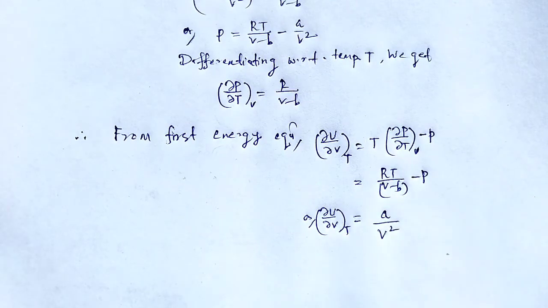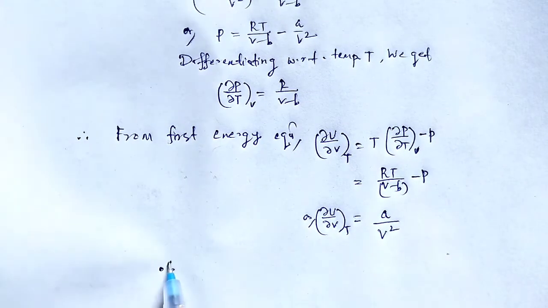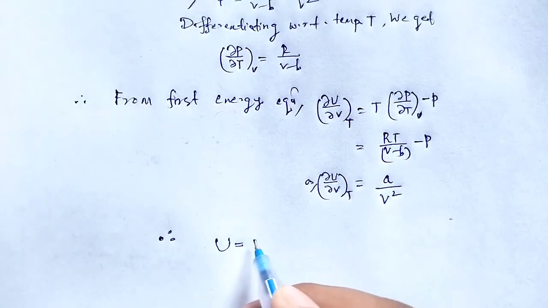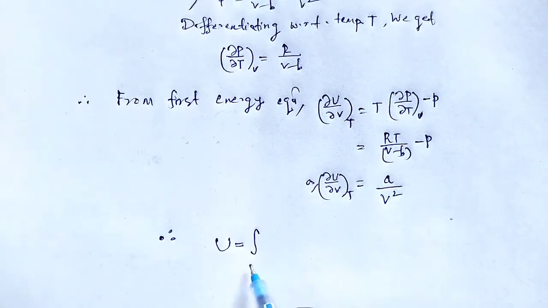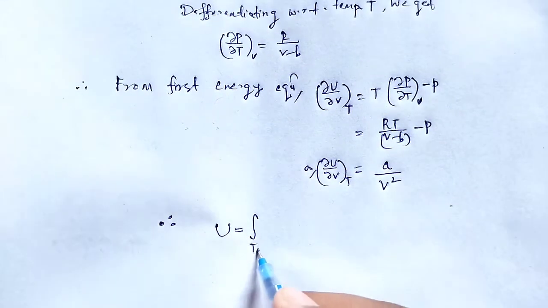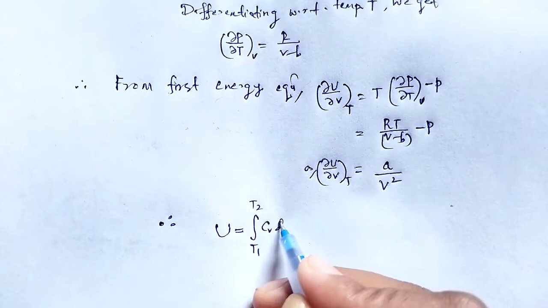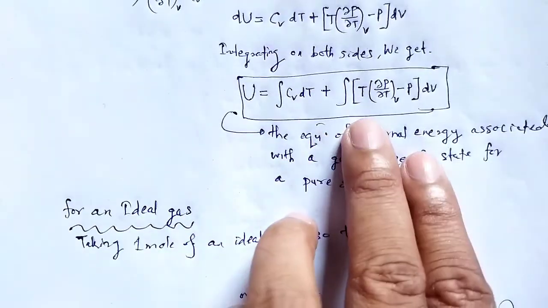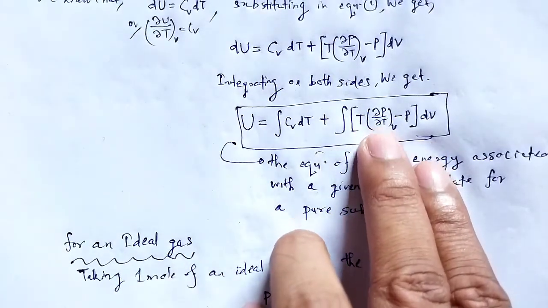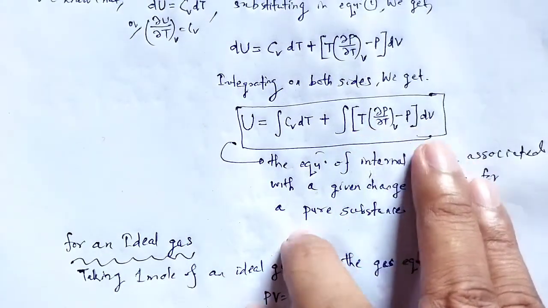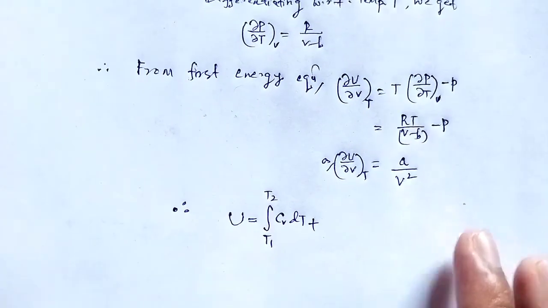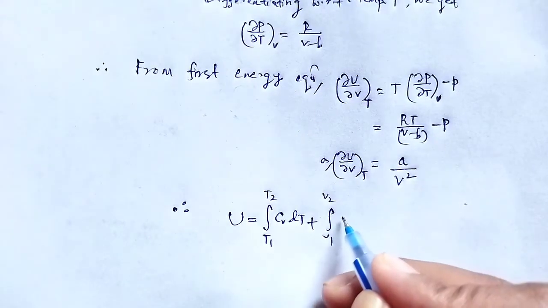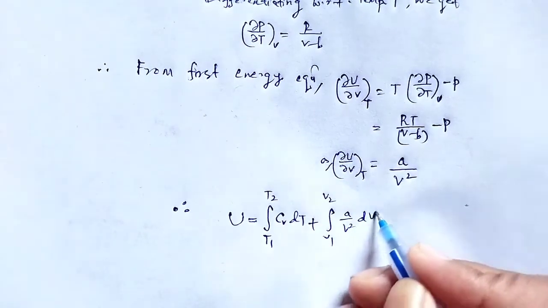So the internal energy will be U equal to the integration from T1 to T2 of Cv dT plus the integration of [T(∂P/∂T) at constant volume minus P] dV, which is the integration from V1 to V2 of a/V² dV.